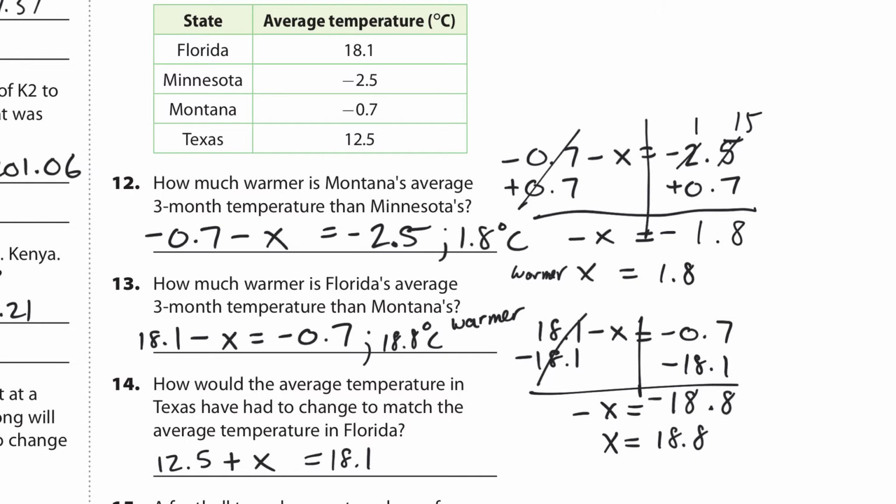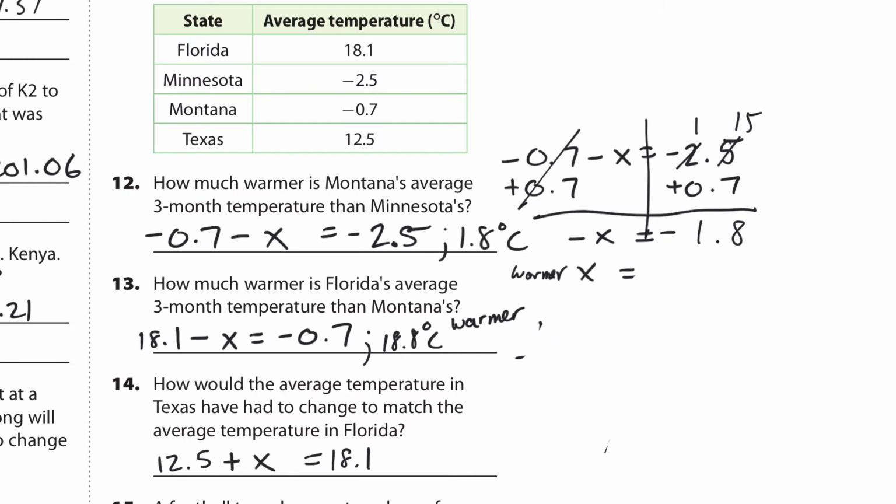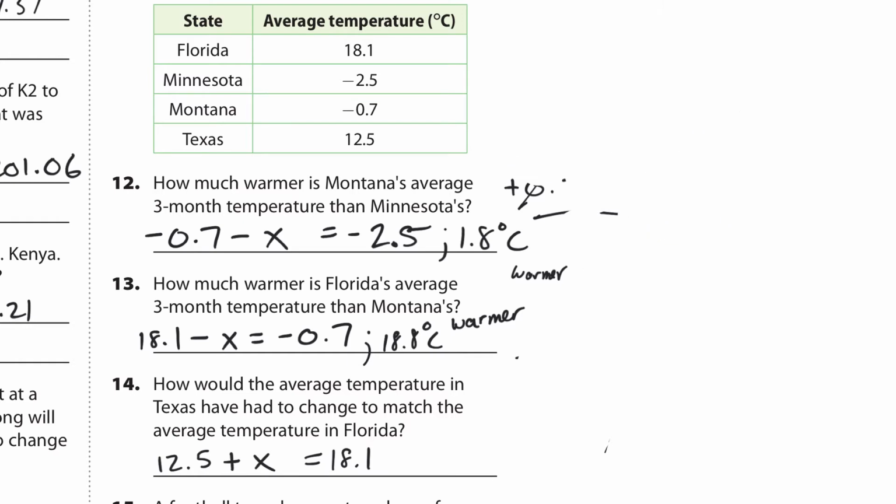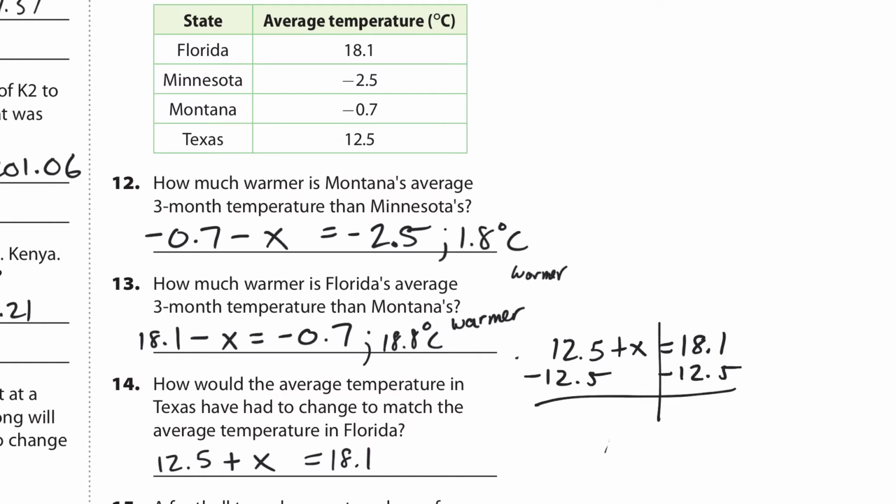I'm going to erase all this stuff here, so I have some room. And so I have 12.5 plus x is equal to 18.1. You got to subtract 12.5. So these cancel. I got x.